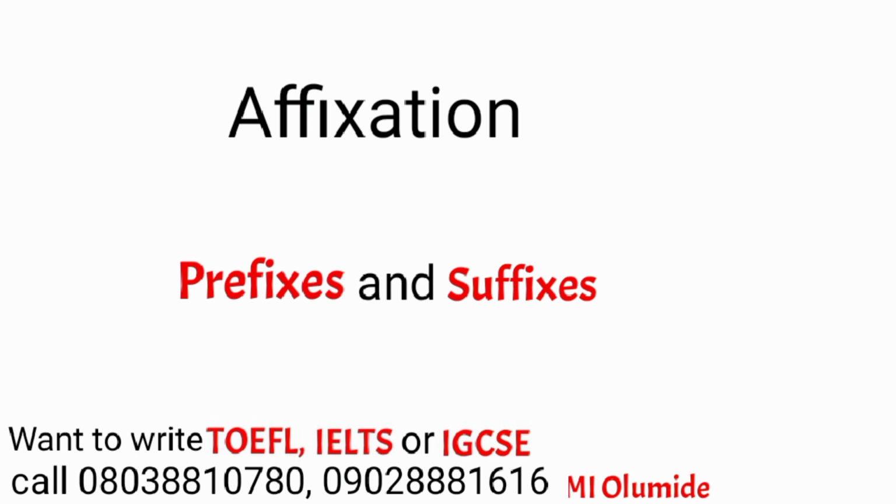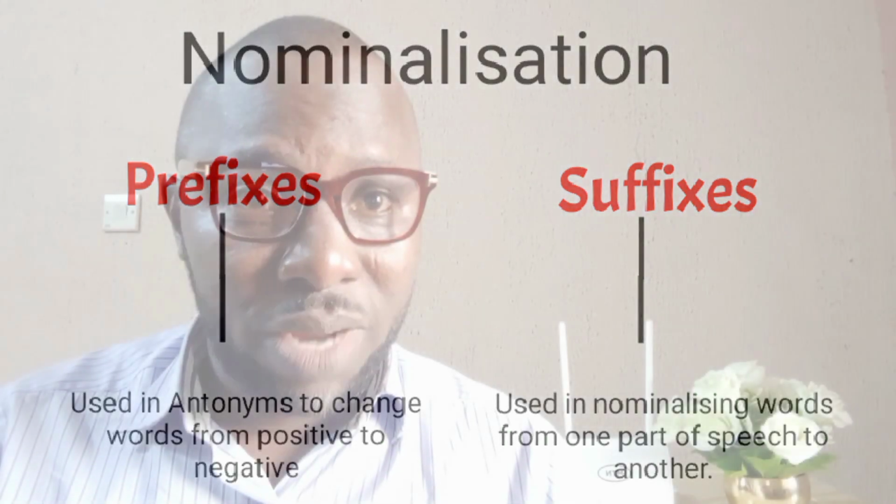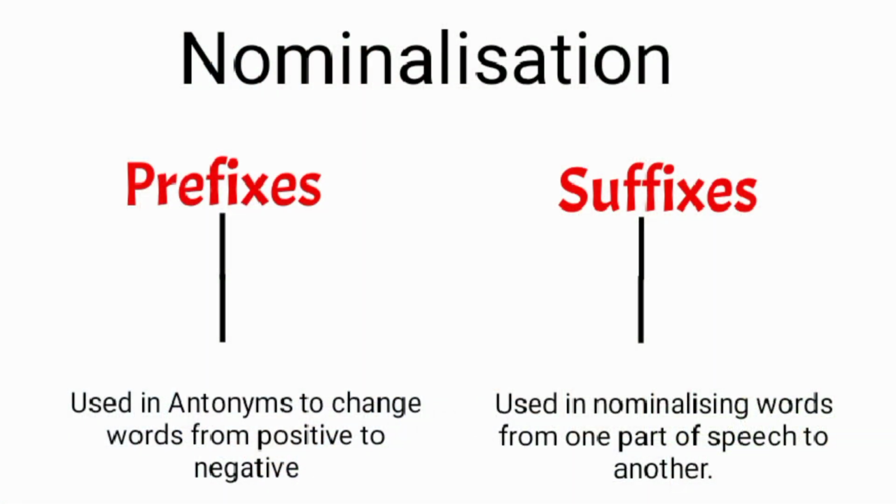But since we are only talking about nominalization, we will only focus on suffixes, because prefixes have to do most times with antonyms. When we're changing a word from positive to negative, in most cases we use prefixes. But since it is nominalization, we are going to make do with suffixes. I hope you're ready because we're about to start. Fasten your seatbelt and listen and watch along.